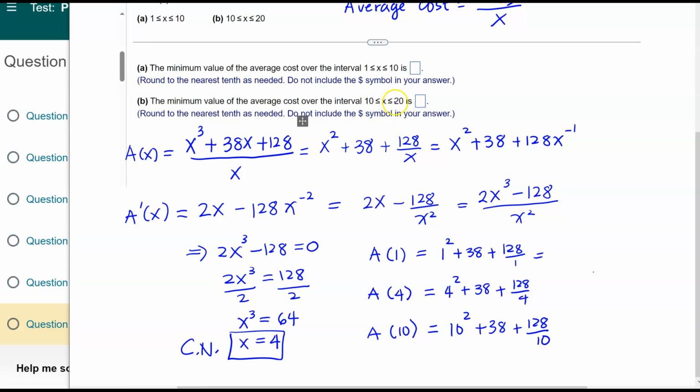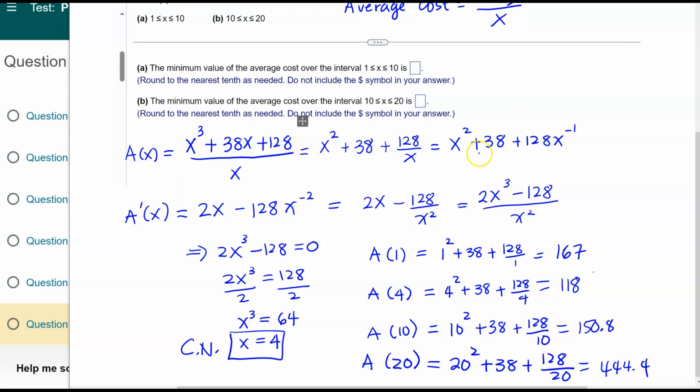So we're also going to evaluate our function at x equals 20. So we have 20 squared plus 38 plus 128 over 20. Then let's plug this into our calculator. So by plugging this into the calculator, these are the values that I got.